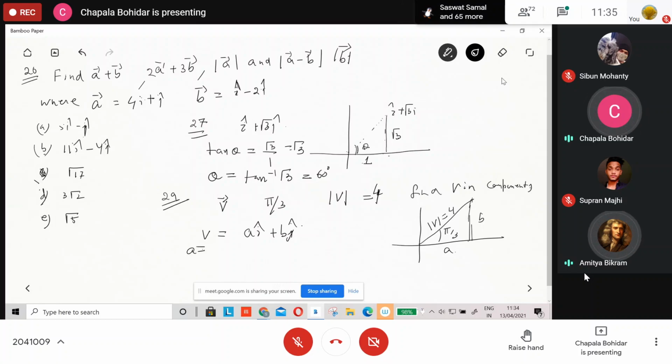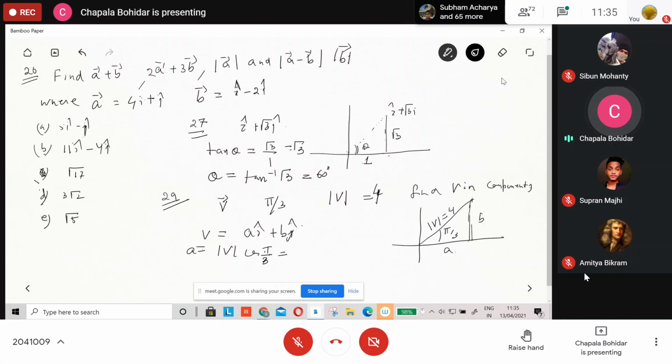A is equal to absolute value of V into cos pi by 3, is it not?